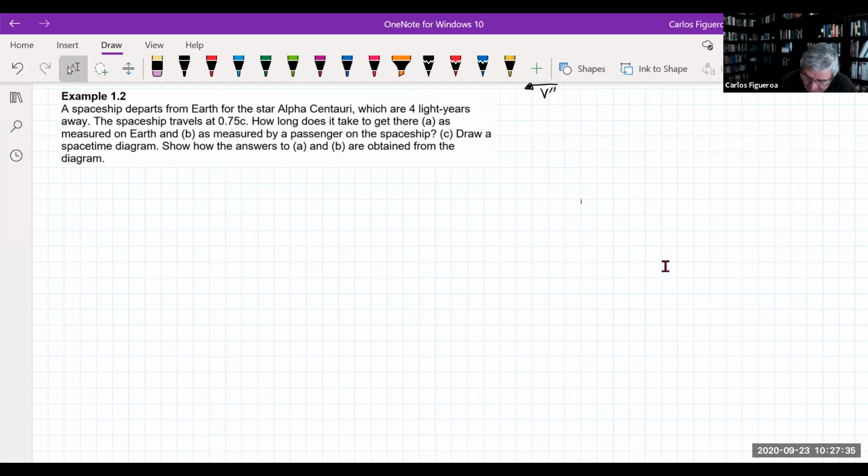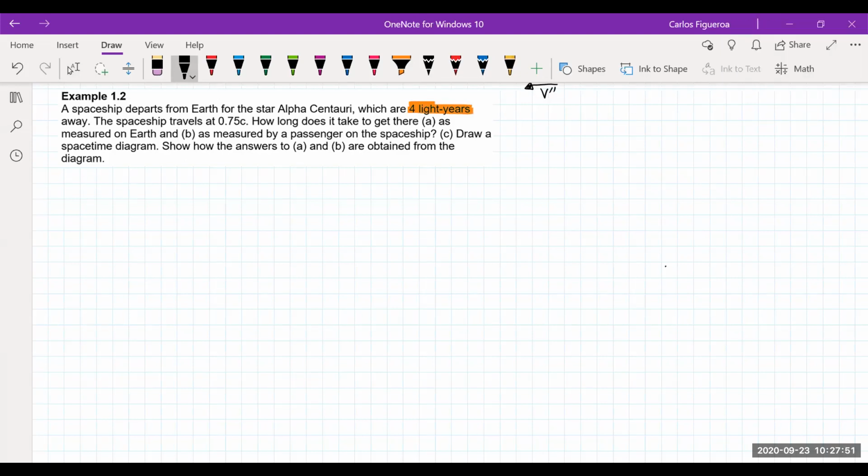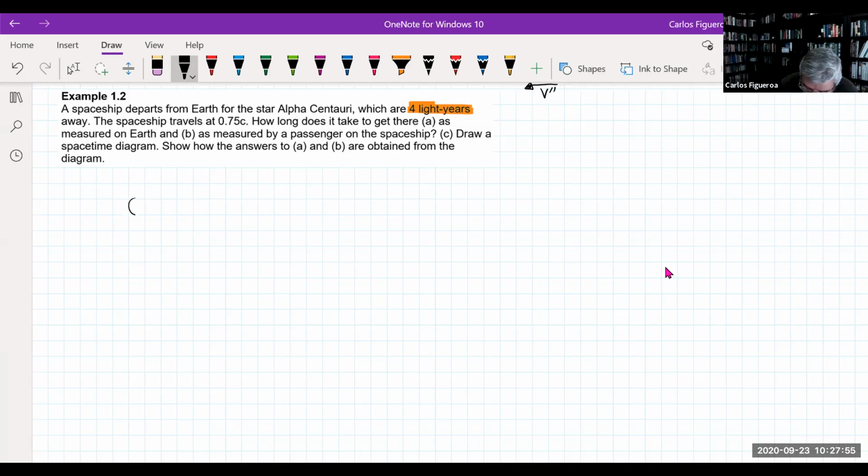If we look at this thing here, there are a couple of pieces of information that are important. When they say 4 light years away, what do they mean? In what frame of reference are they talking about when they say 4 light years away? Earth's frame? Well, yes, it has to be relative to the Earth and the Alpha Centauri star.